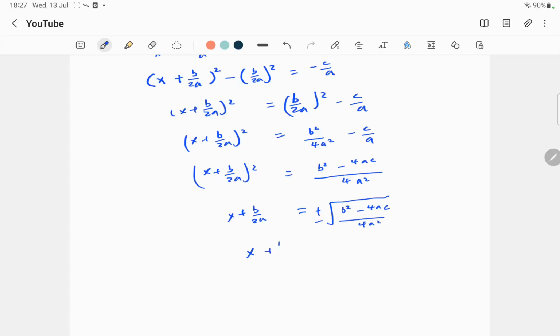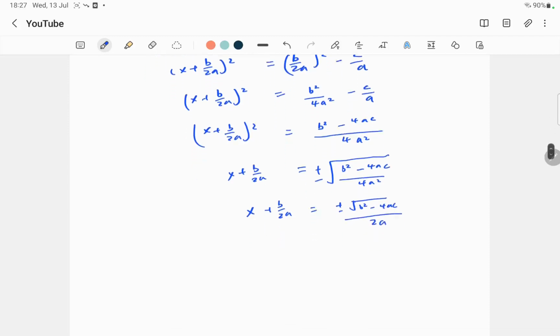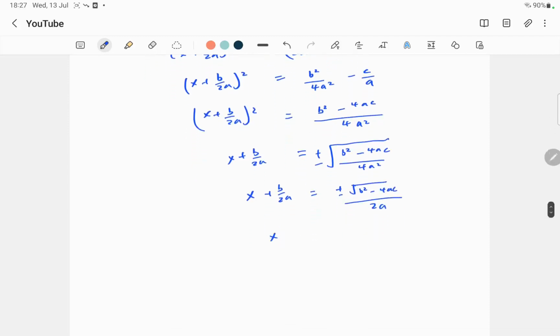So x plus b over 2a on the left hand side, we do nothing. Here we can simplify it. What we get is the square root of b squared minus 4ac over 2a. And finally, we need to move the b over 2a term to the right hand side. So we get negative b over 2a plus minus the square root of b squared minus 4ac over 2a.